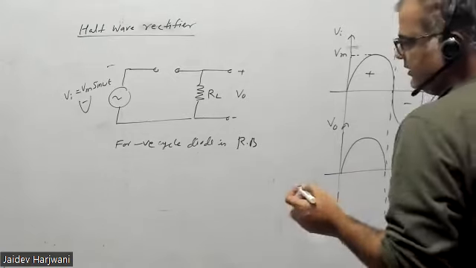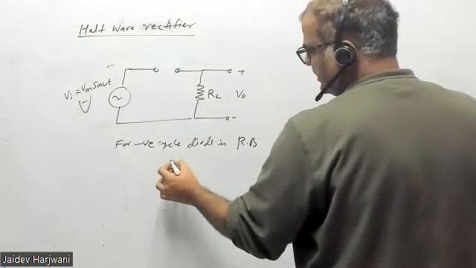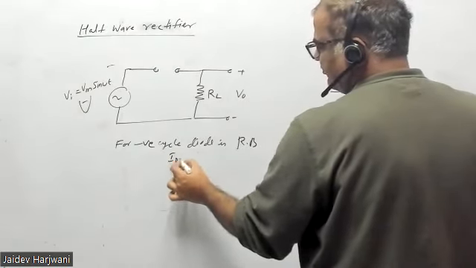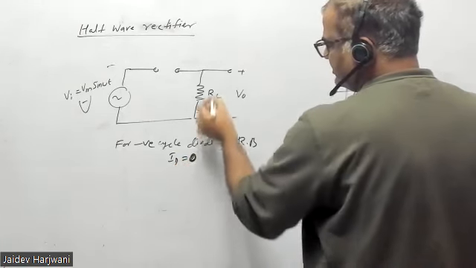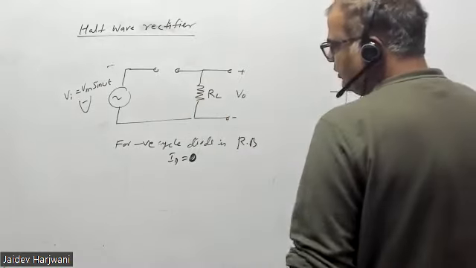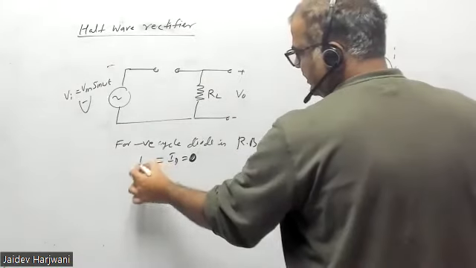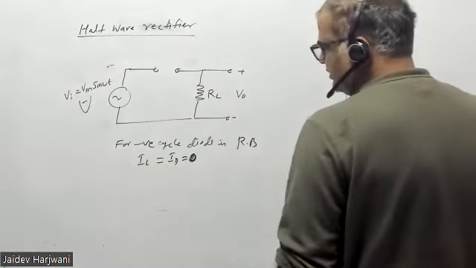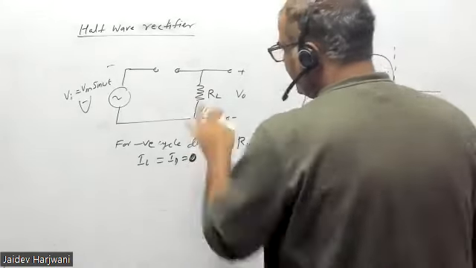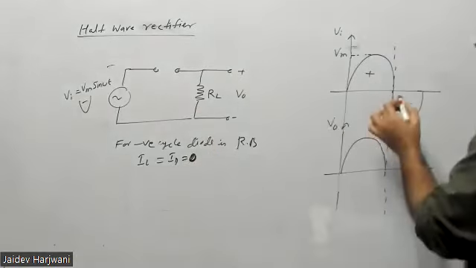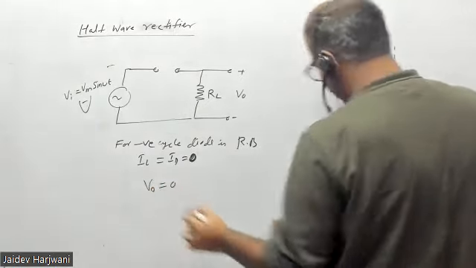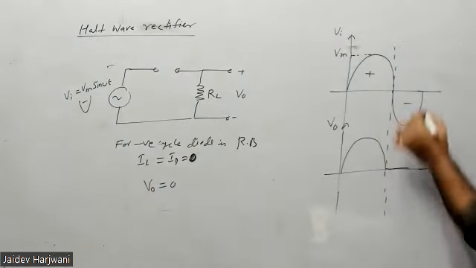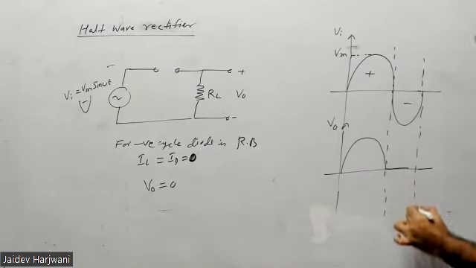The current ID through the diode is 0, and of course the current which flows in the load, IL, is also 0. If there is 0 current, the output will be 0. So for the negative cycle, V output will be 0. You get 0 for this cycle.